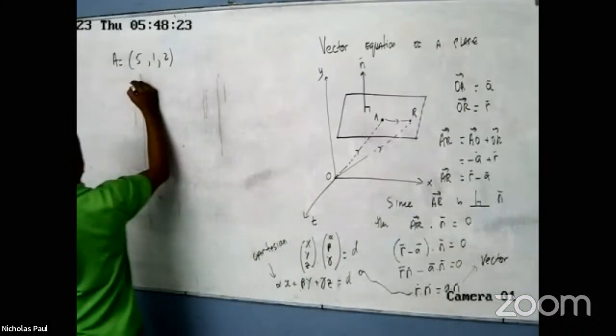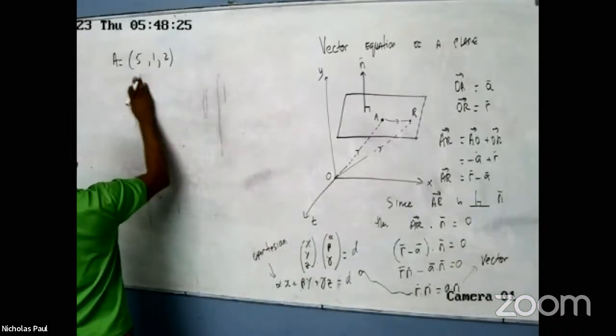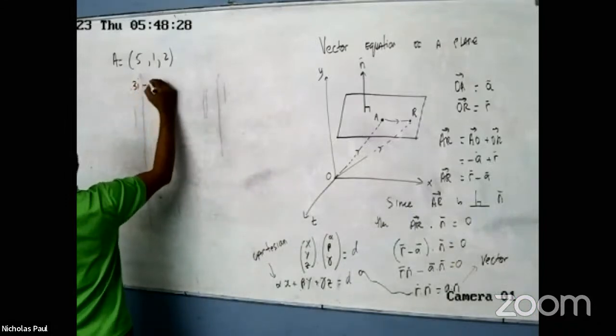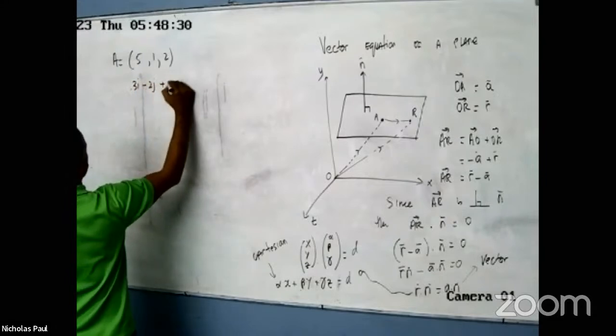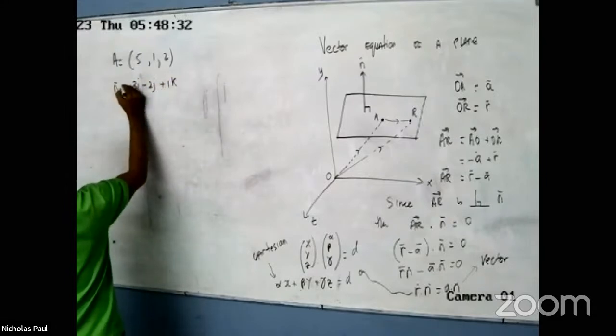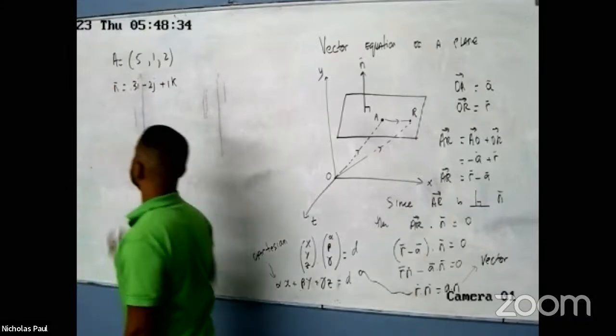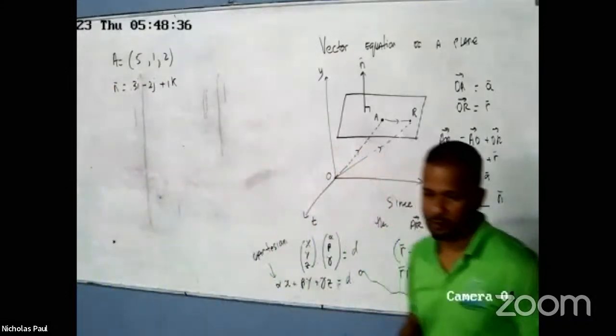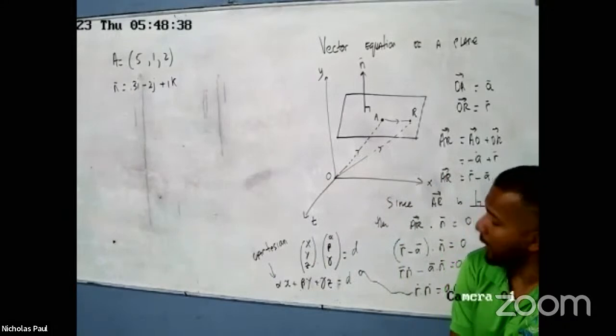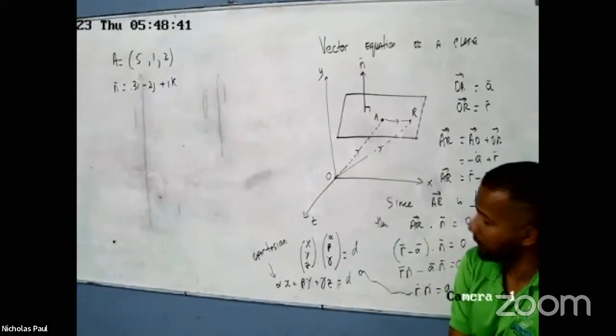Sorry, it's perpendicular to the vector 3i minus 2j plus 1k.